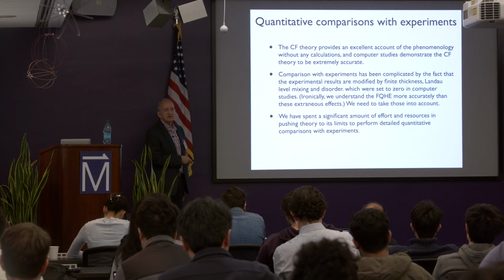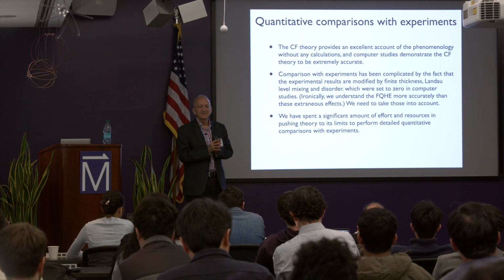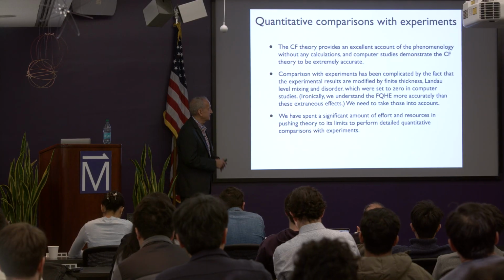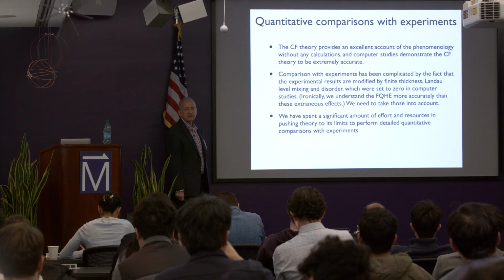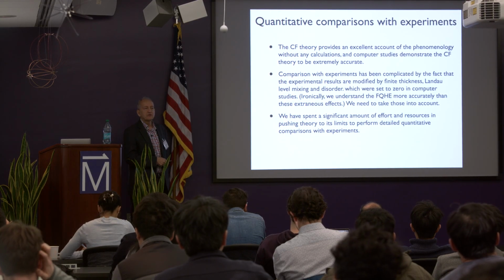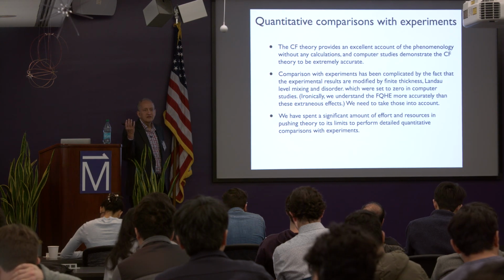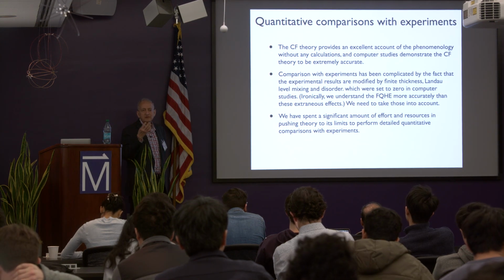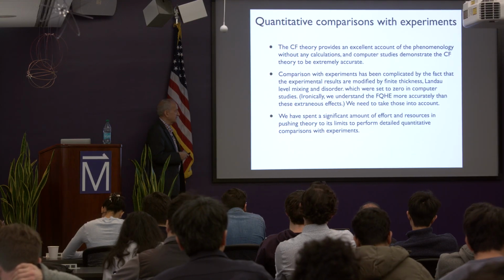And ironically, we understand the fractional Hall effect part of the physics extremely accurately. It's these other extraneous things which we do not understand as well, which is what makes it a bit harder to compare numbers with experiments. So you might also ask, why bother? We have shown that the theory works, so conceptually we are on very firm footing.